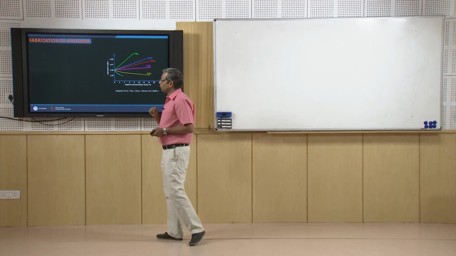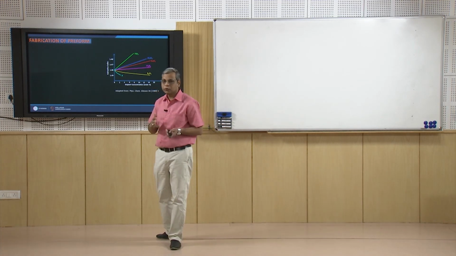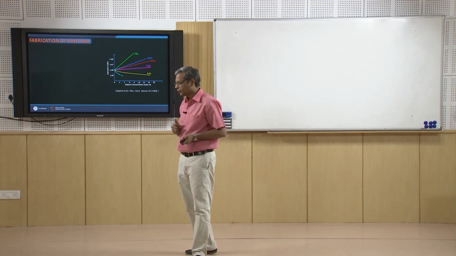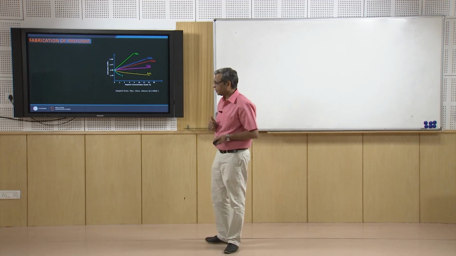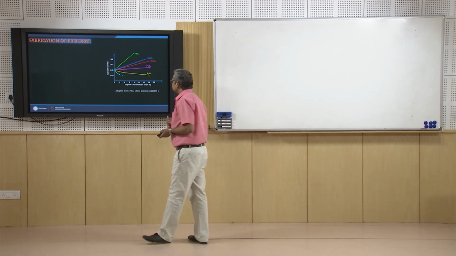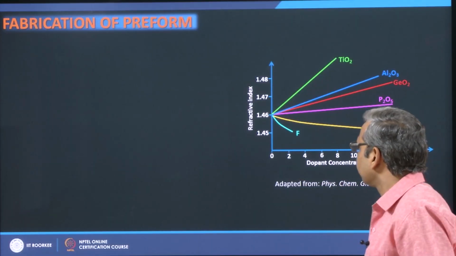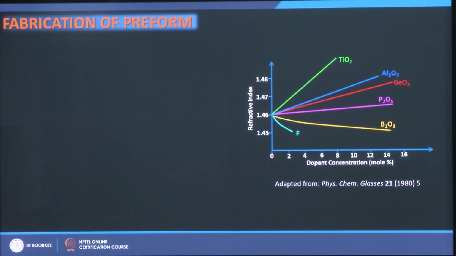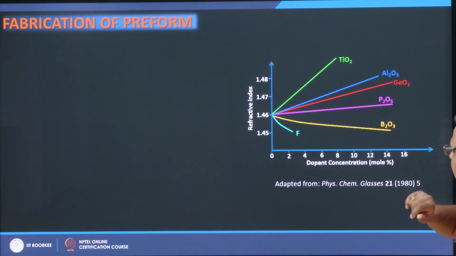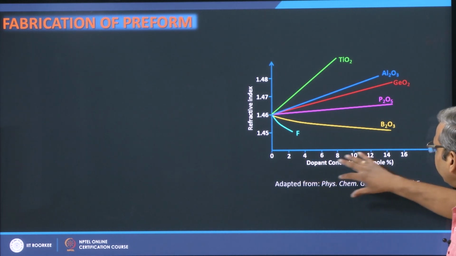How do we fabricate preform? How do we choose materials to make core and the cladding? For silica glass fiber itself, let us look at this plot where we have drawn refractive index of silica glass as a function of dopant concentration.